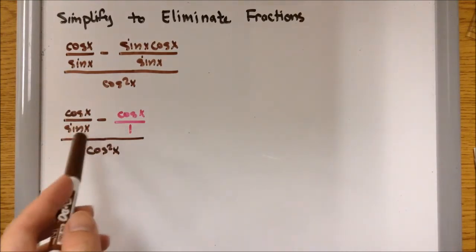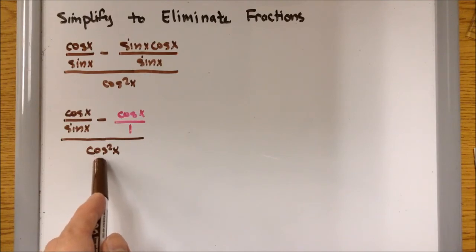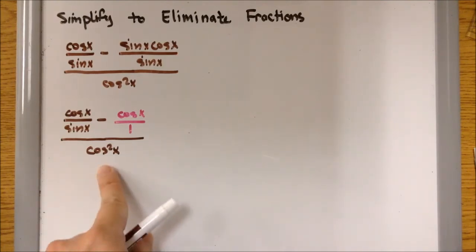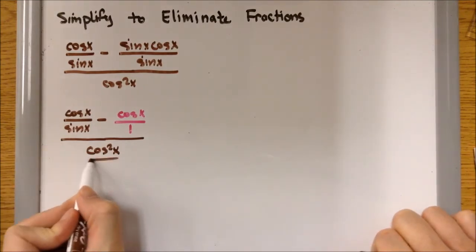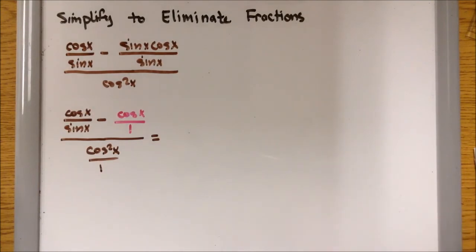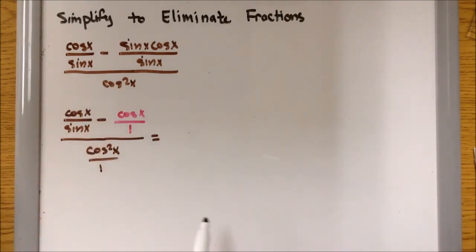Alright, so next, since we have multiple fractions on the top, and we have cosine square x on the bottom, what I'm going to do is convert cosine square of x into a fraction. And then I'm going to rewrite it as a division. So the numerator divided by the denominator.